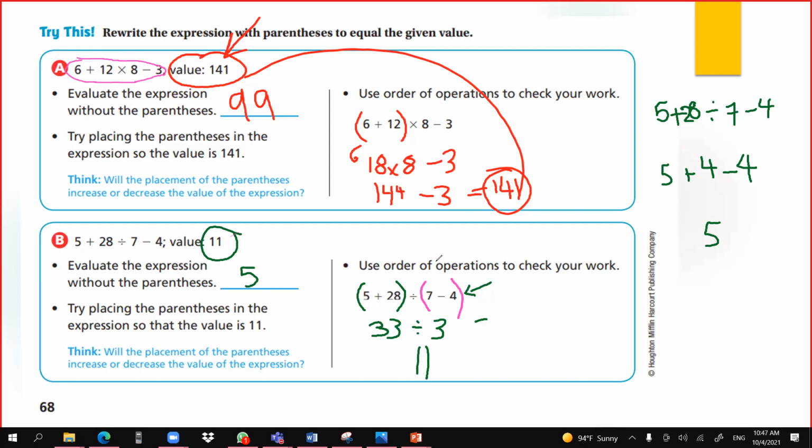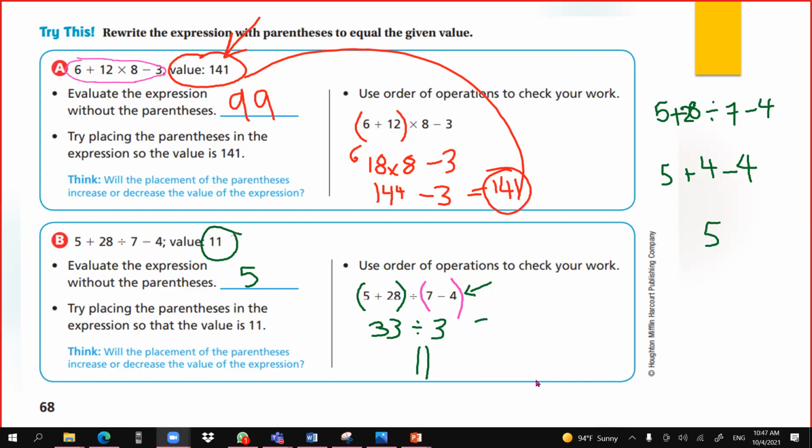Now, if you have the parentheses, you can subtract first. So now 33 divided by 3 is 11.